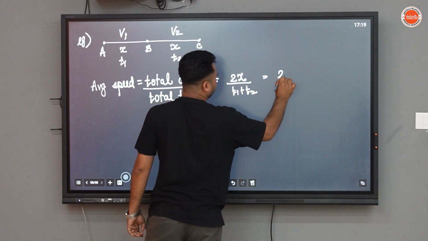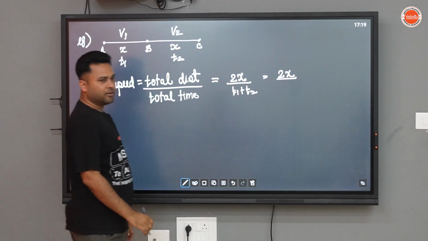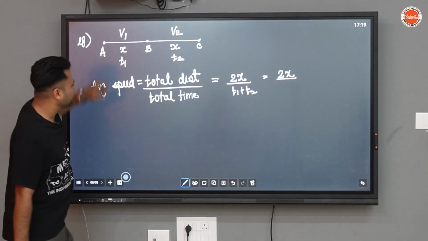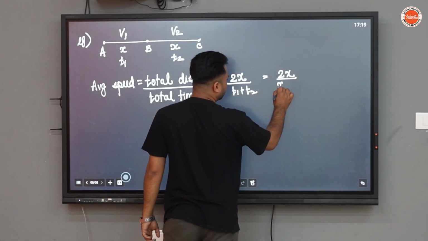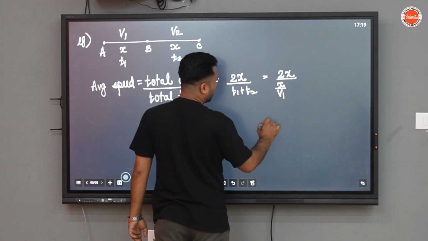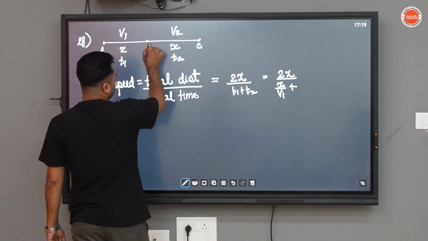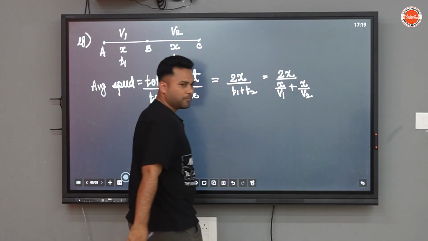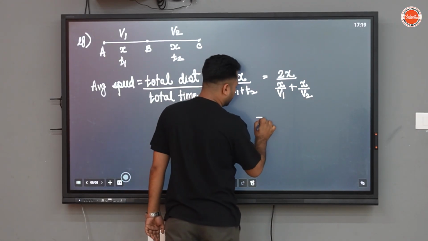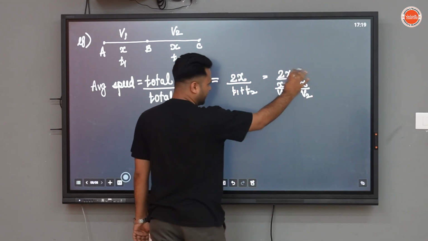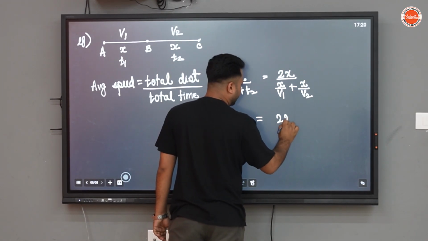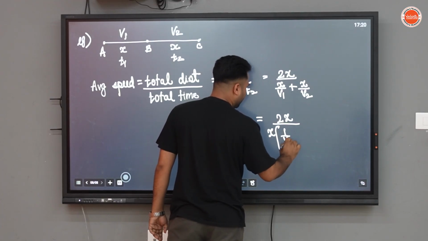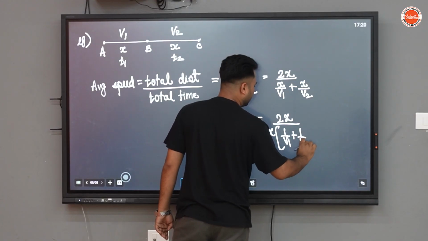So 2x divided by, now what is T1? Time equals distance by speed. Distance is x, speed is V1. So x by V1, plus T2, distance x, by speed V2. Now see how we proceed. Now see the mathematics, the physics is done here. Now 2x you write here, x you take common, 1 by V1 plus 1 by V2.